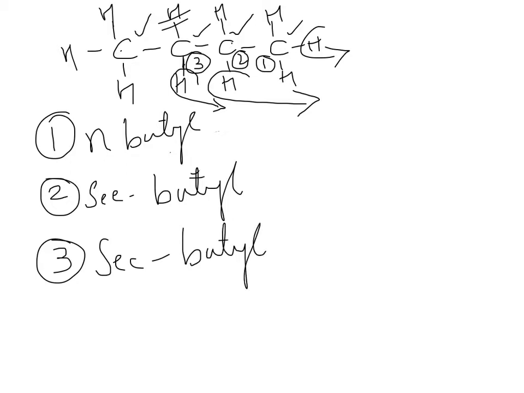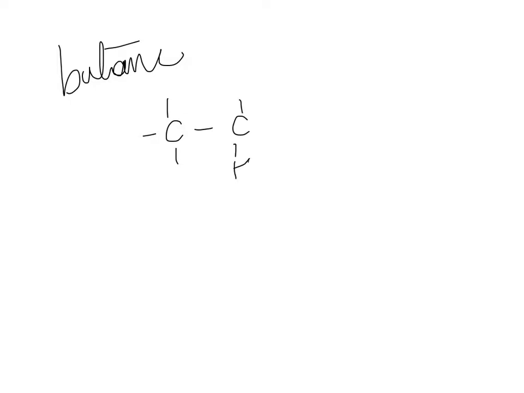Now, another feature here is that you can have a butyl that looks like this, or you can have a butane for that matter that looks like this, right? CH3, CH, CH3, CH3.